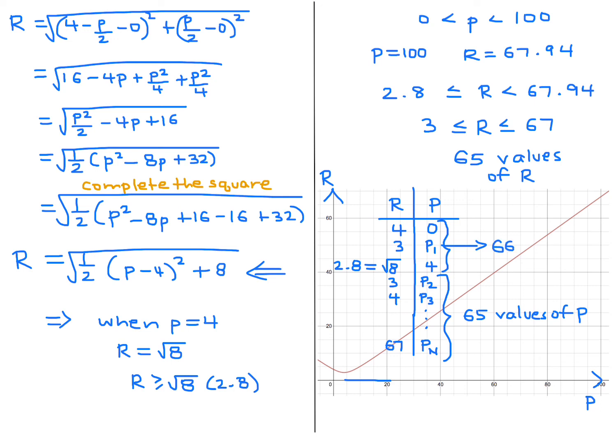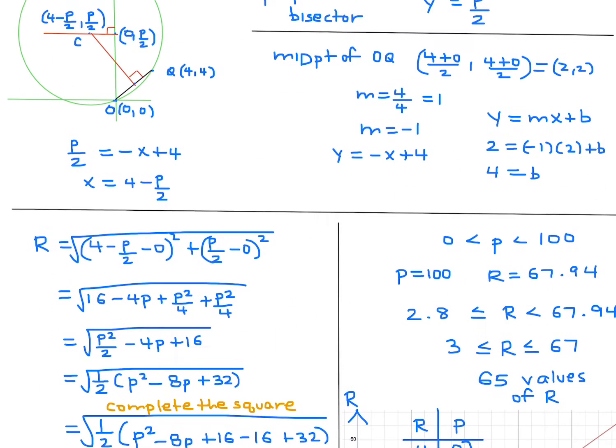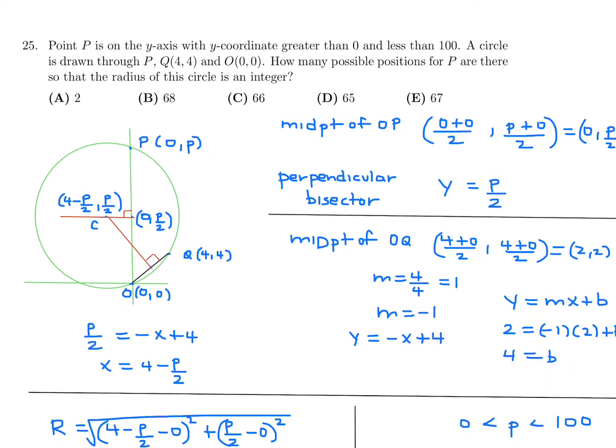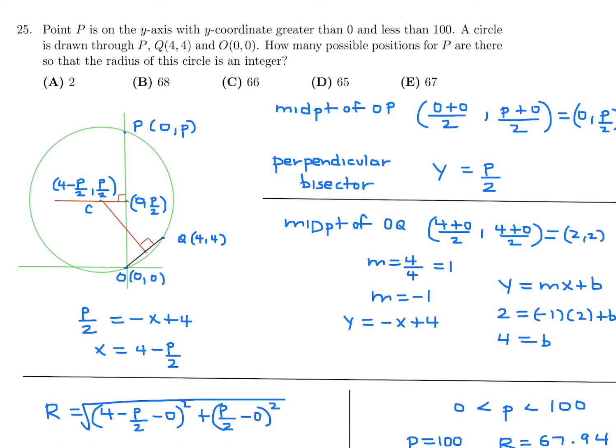So that gives me my 66th value of P. So in total, there are 66 values of P that will give you integer values for R. So the answer to this challenging question is 66, not 65, and that would be choice C for number 25.